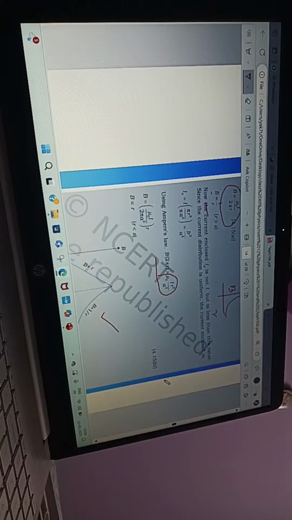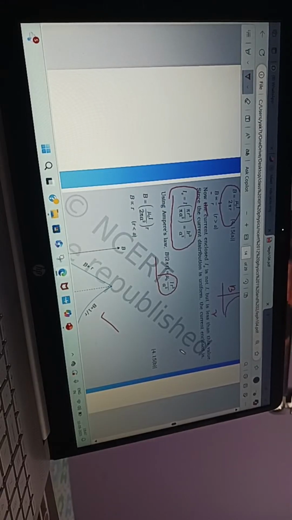Mu naught I r square by a square. How has it come? This is the one you have to do. The fraction of current enclosed is equal to the area ratio: pi r square by pi a square.